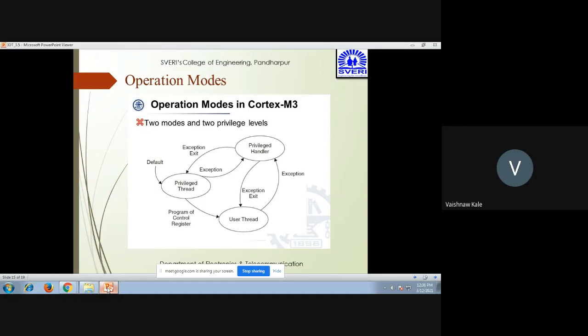Similarly, when an exception occurs from the user thread, it moves to the privileged handler, and on exception exit it comes back to the user thread. The privileged thread can move to the user thread by programming the control register. So this is the whole state diagram of the operation modes in Cortex M3.